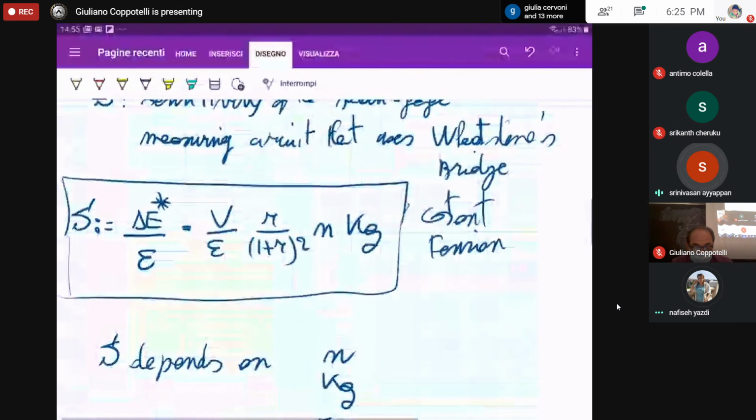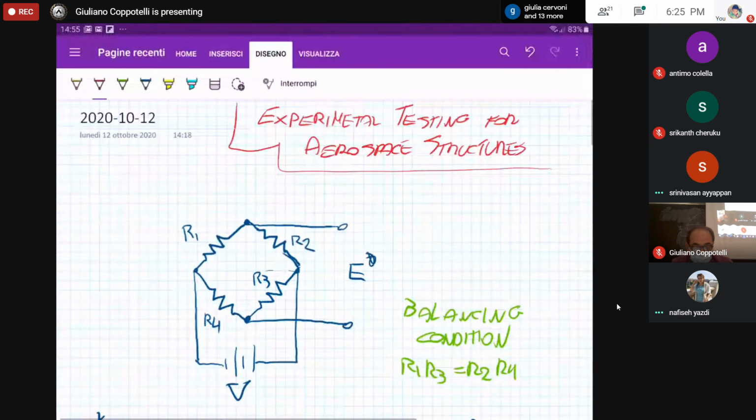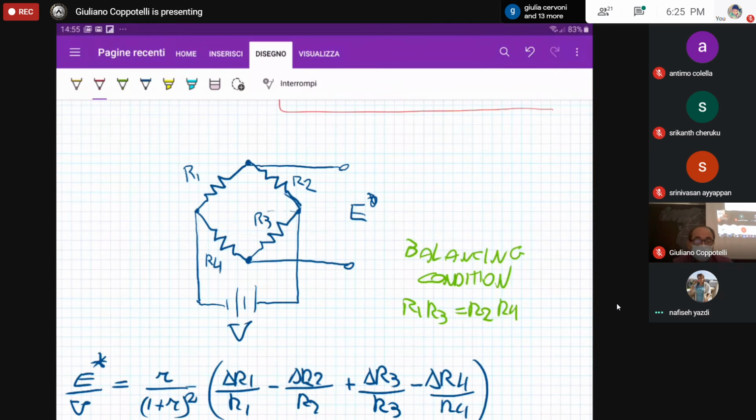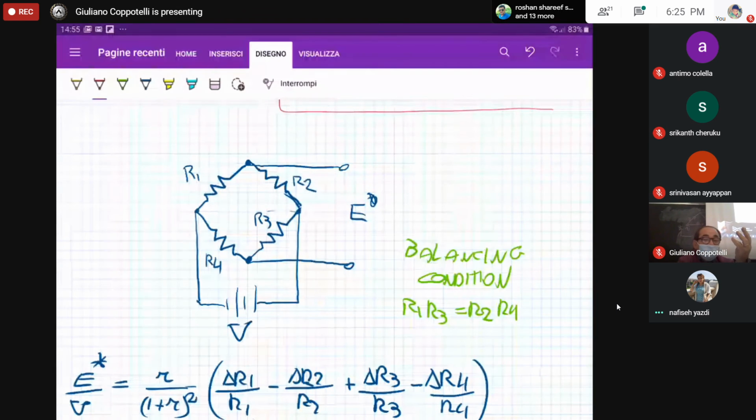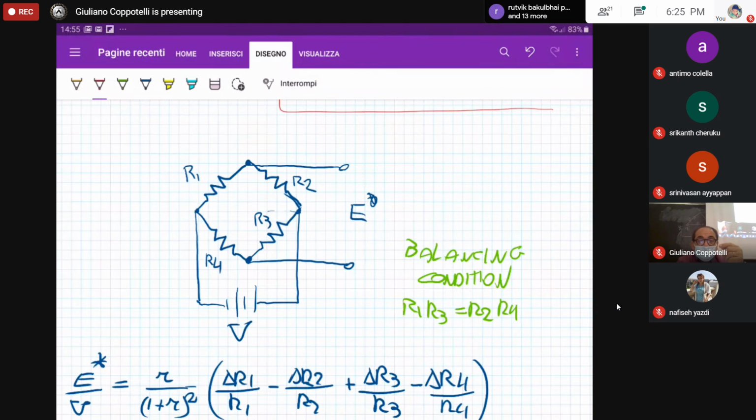Yes, Professor. If you go back here to the basic circuit, you have 4 resistances to play with. You have to just substitute one resistance with the strain gauges.